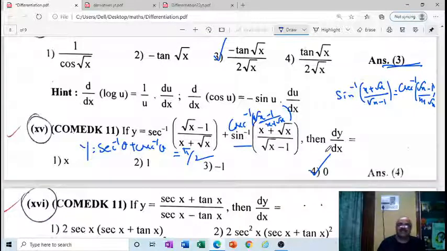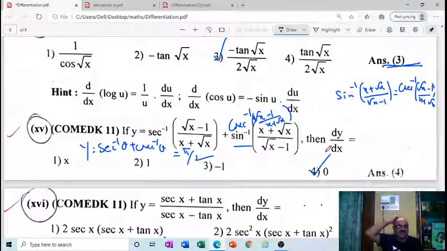You may get the answer, but the problem becomes very lengthy. You are going to lose out on time. At the same time, you may not get the appropriate answer. It is so simple. Change sine inverse to cosec inverse and try to recollect that secant inverse plus cosecant inverse will give you the value of pi by 2.